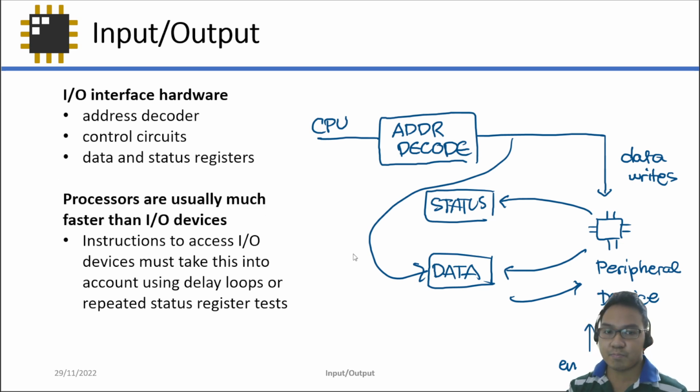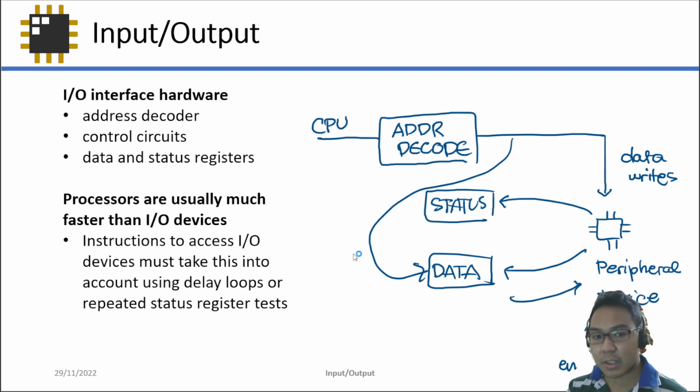So, usually processors are much faster than input-output devices. Our input-output devices can sometimes work in the range of kilohertz or even just normal seconds of time domain resolution. So our processors are usually much faster than these I/O devices, so we don't actually have to take them into account for every cycle, for example.